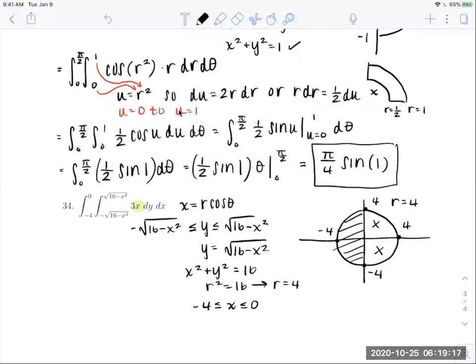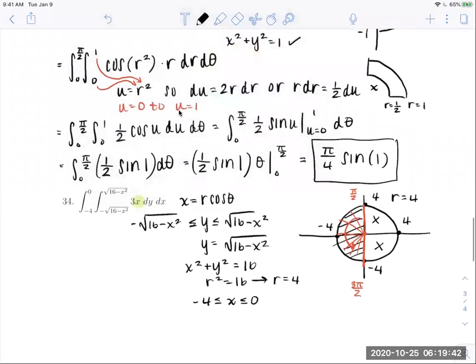And let's go ahead and mark those radial lines. I want to sweep from pi halves all the way down to 3 pi halves. All right, so those are all of the radial lines that I want to sweep out that region.